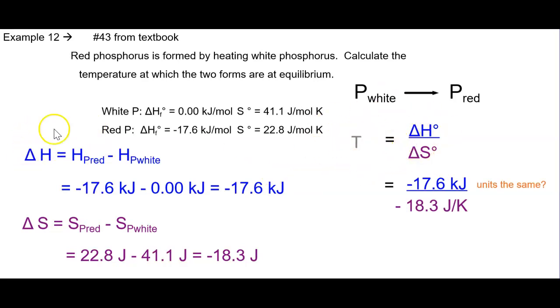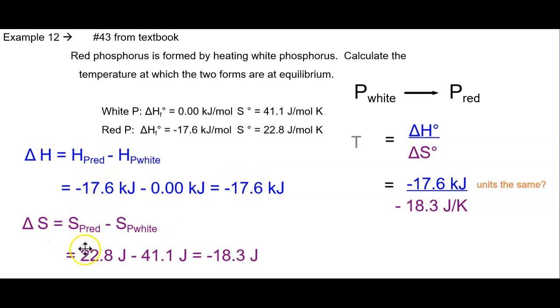So we're going to have to calculate the values because we don't have them. These would be yellow chart numbers or thermodynamic table numbers, right? So I'm going to take red minus white. I'm going to take this red for H is negative 17.6 kilojoules, and the white for H is 0. So I subtract those two. This is the stuff we've been doing all unit, and we did delta H last unit.